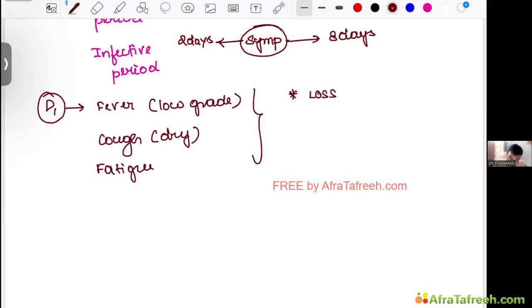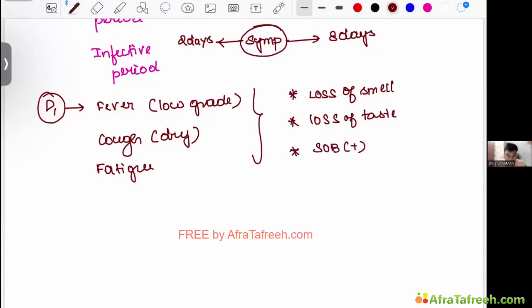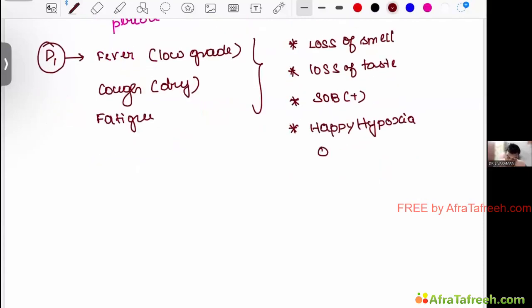Followed by this, the patient can have loss of smell, loss of taste. Then the patient will develop shortness of breath, and ultimately they can have happy hypoxia. I have told you in our class what happy hypoxia is. When the patient is sitting, the patient is comfortable.